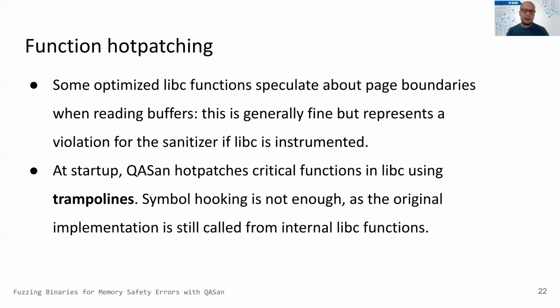For instance, in the C library, there are functions that make unwritten assumptions about the architecture and exploit undefined behavior to gain performance. But this breaks our approach based on shadow memory. So we want to de-optimize these functions, and we patch them with trampolines in assembly to always use our de-optimized version. This is done during initialization.